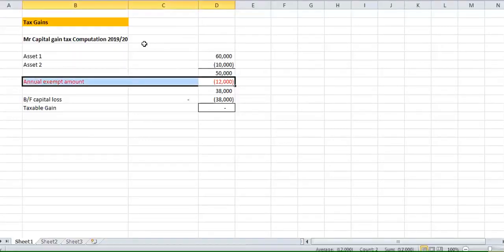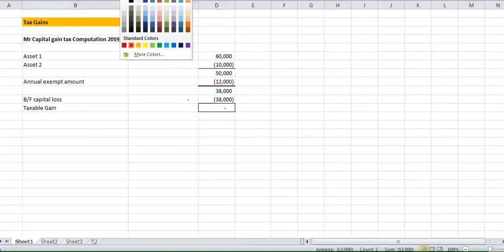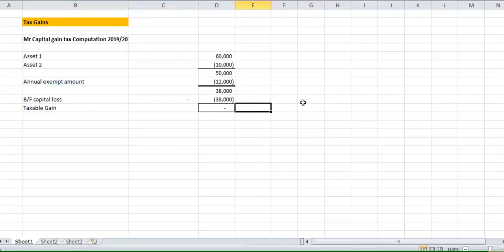We have capital gain of £60,000 on asset 1. We have sold an asset 2. We have a loss of £10,000 on asset 2. After that, we have a net gain of £50,000.